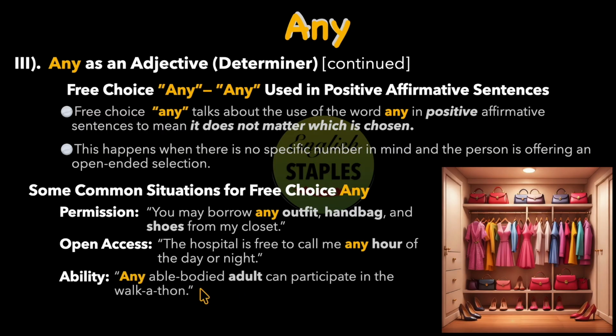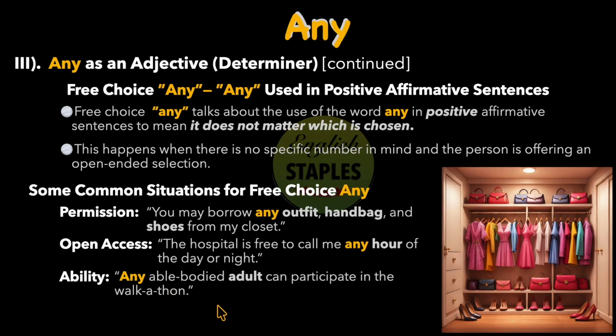Ability. Any able bodied adult can participate in the walkathon. So, as long as you're an adult and you are healthy or you are able to participate in the walkathon, you can walk. Any is not a specific number, it's an open ended selection.